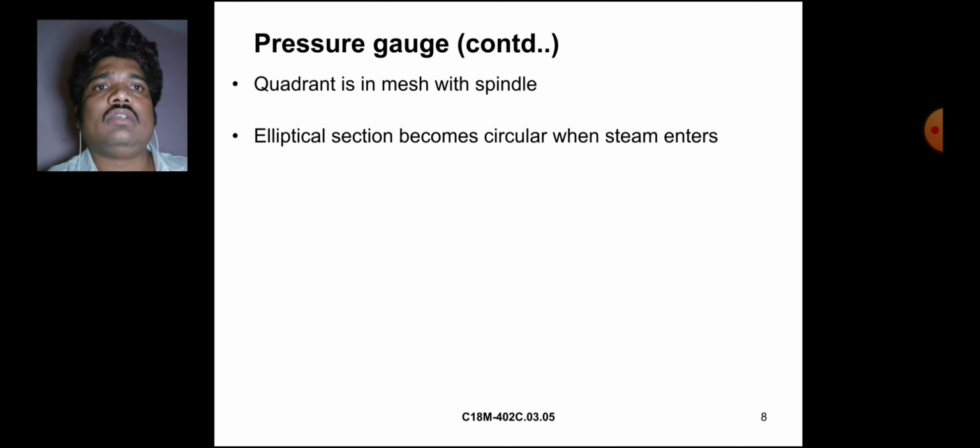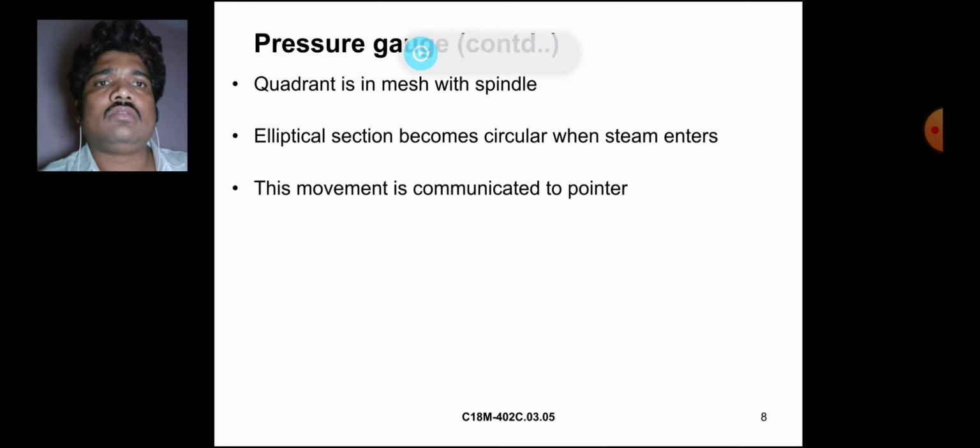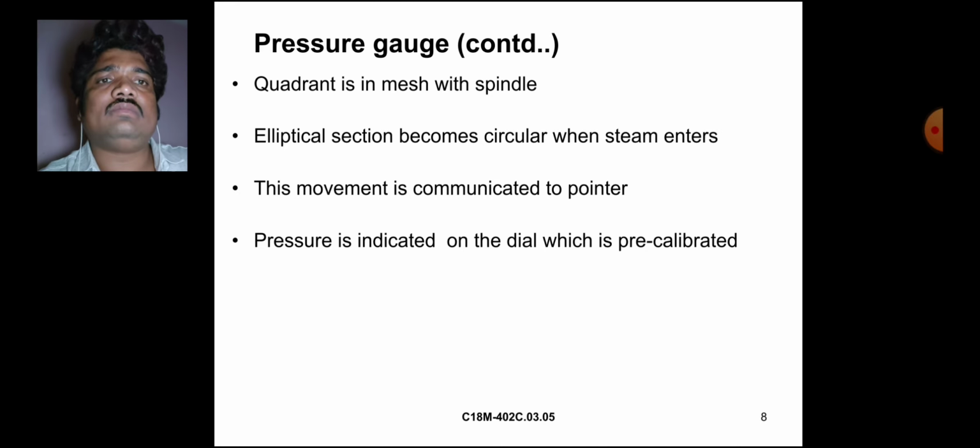The elliptical section becomes circular when steam enters it. This movement is communicated to the pointer.